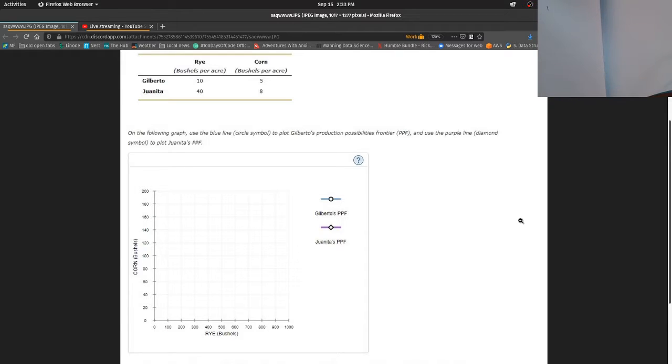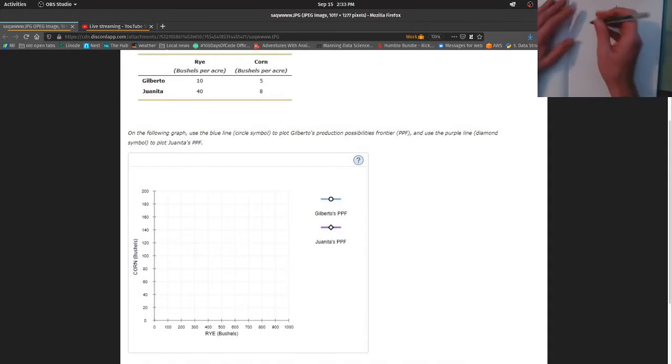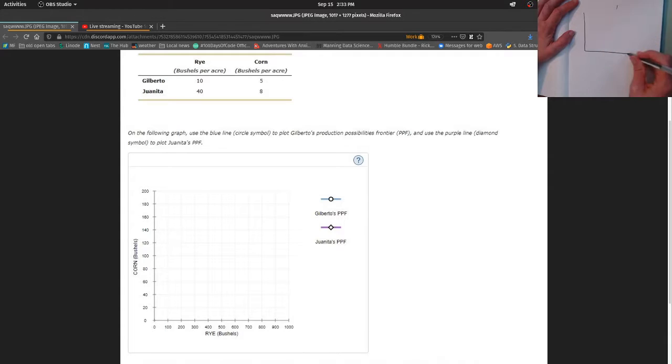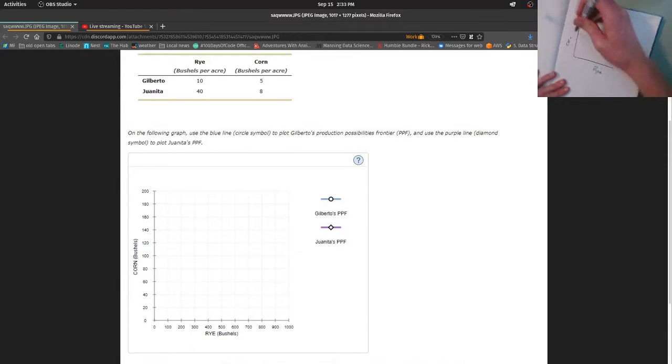So on paper, let me transform this so that it is correct. All right, so now when I move right, it moves right. Perfect. Nice, there we go. So we've got rye and we've got corn.